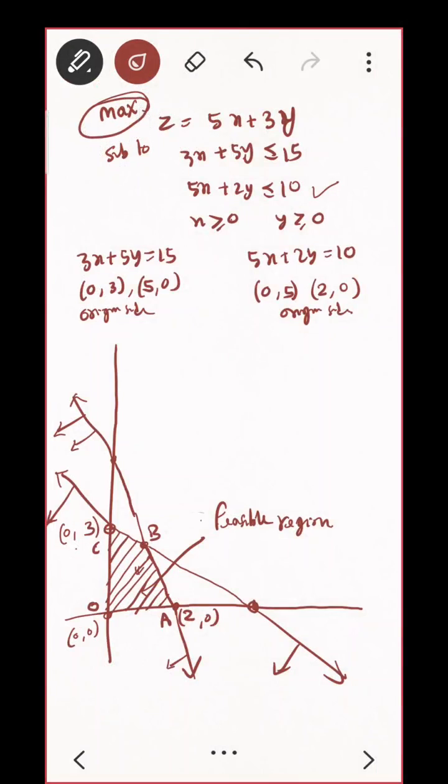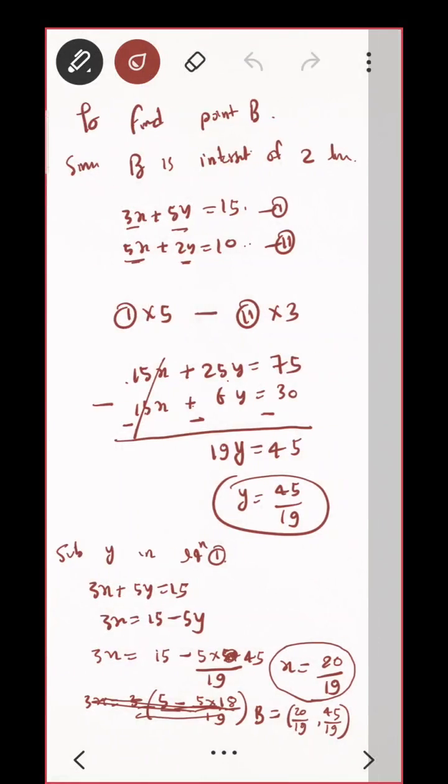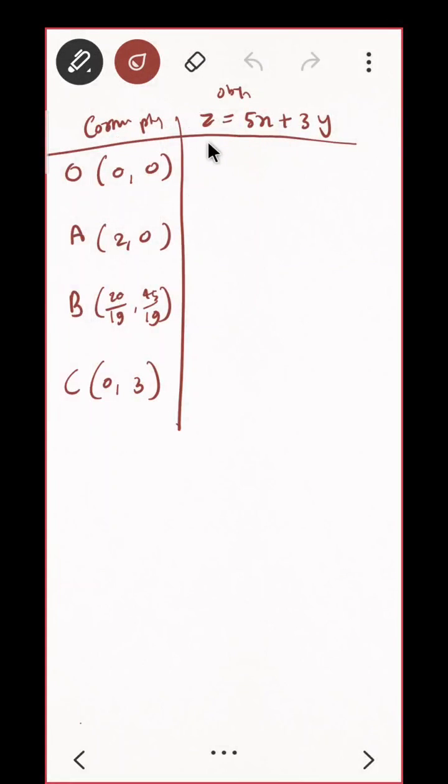Perfect. So whichever corner points there are, put the values and get the value of z. When we put 0,0, z will be 0. If you put 2,0 then it will be 5 times 2 is 10 and here 0, so z will be 10.